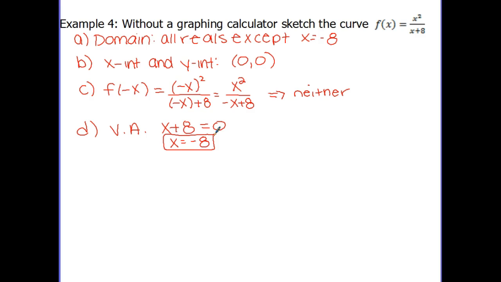If the denominator is bigger than the numerator, it's 0. If they are the same degree, it's equal to the ratio of the leading coefficients. Okay, so we have a horizontal asymptote that is a slant.